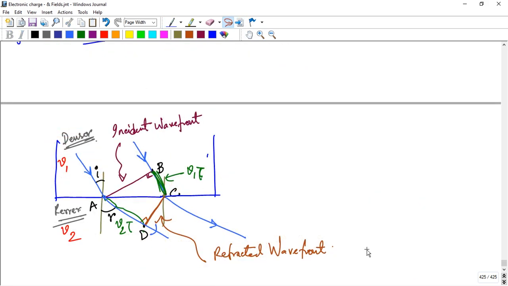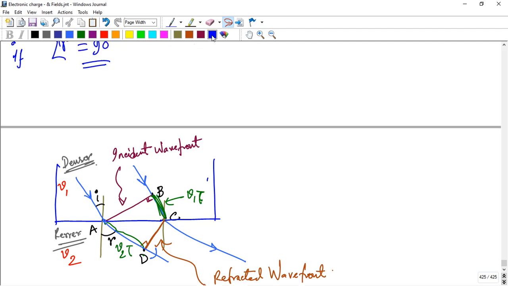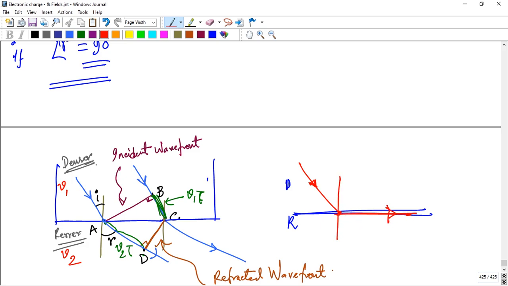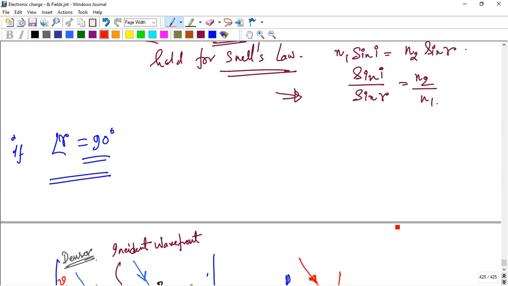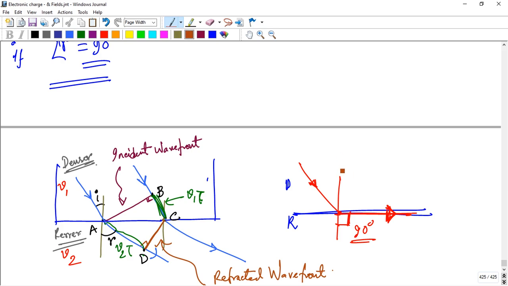If R is 90 degree, there is a denser medium and a rarer medium, that is the incident ray, and with R at 90 degree there is a normal and the refracted ray lies along the boundary, so this angle will be 90 degree. The diagram looks like this, with the wavefront and other things.